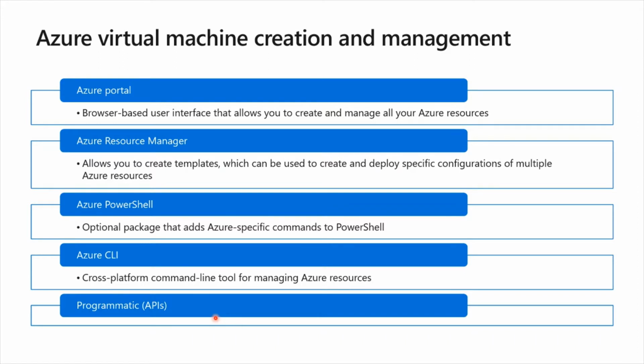You have Azure PowerShell, which you can use with Azure specific commands. You have Azure CLI, which is a cross-platform command line tool for managing Azure resources, and you have REST APIs, which you can use with C# or other languages. So I'll show you how to create a virtual machine using all of them, and we will go one by one.